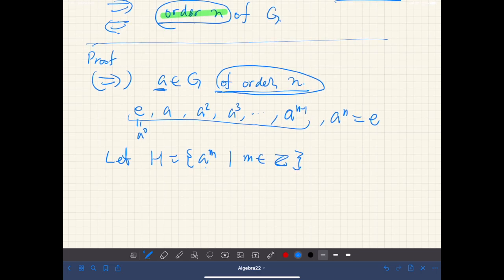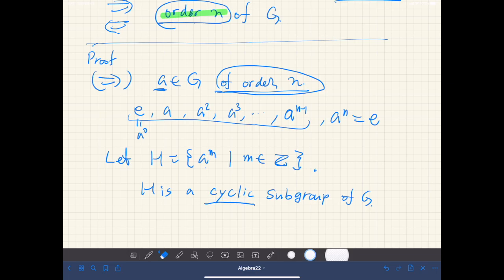Then this is a cyclic subgroup of G. In case you forgot the definition of cyclic subgroup, it just means that all the elements of the subgroup are represented as a power of some element of G. In this case, every element of H is a power of a, so it is a cyclic group.